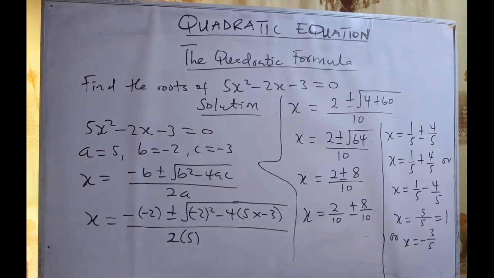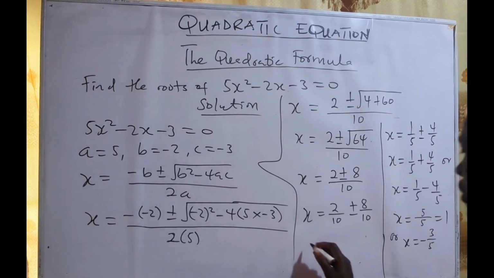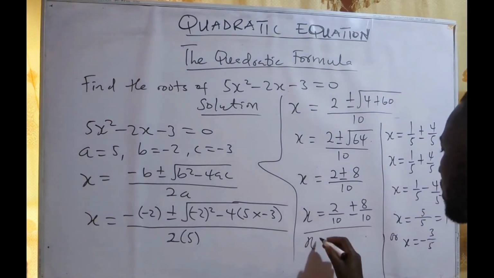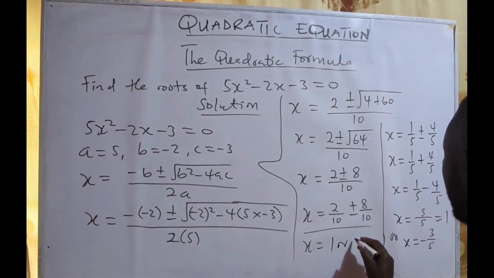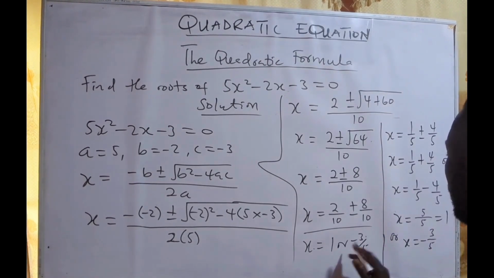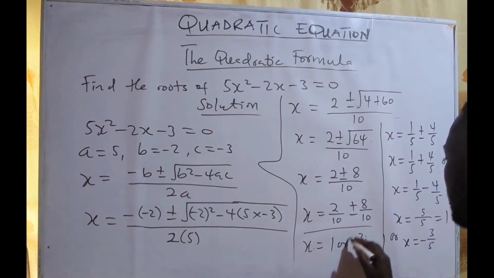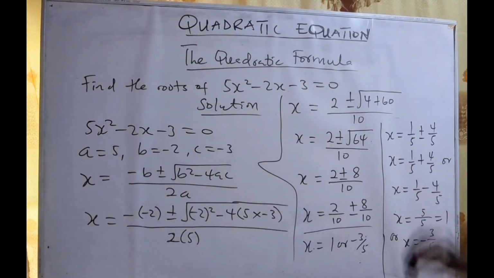So my x can be 1 or my x can be minus 3 over 5. So the root of x that will satisfy this equation is 1 or negative 3 over 5.